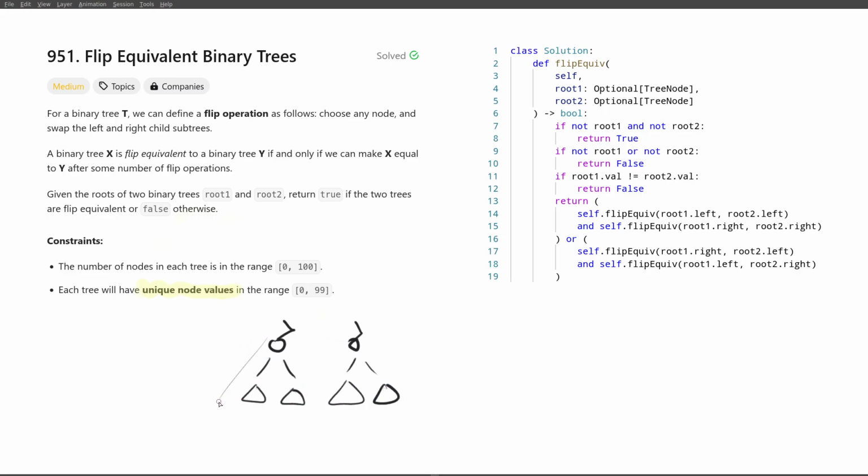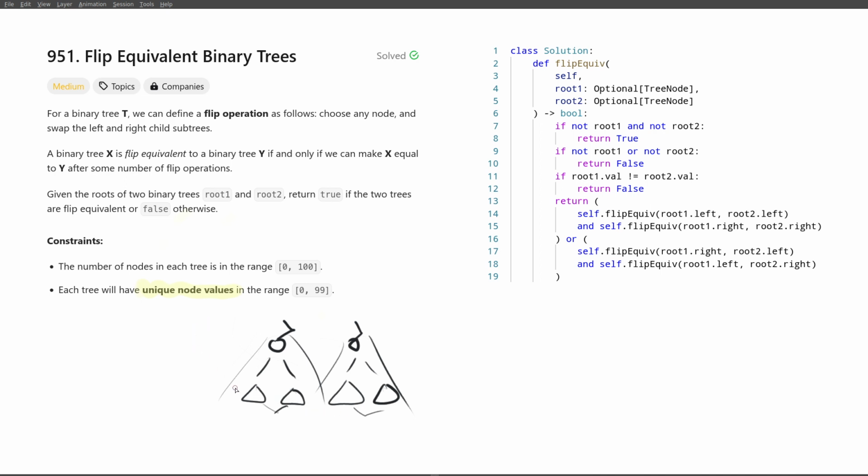And for the whole subtree rooted at one and the other node, we have to have that those two subtrees, maybe after swapping them, so doing the flip operation, are identical. So that this and this subtree and this subtree, as well as this and this, they are with each other flip equivalent.